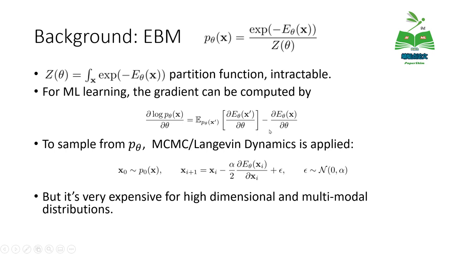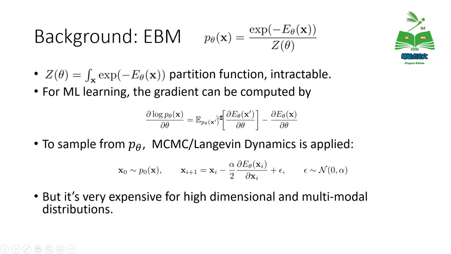I think this formula is somehow straightforward, because when we take the log, we have these two terms, and then this one is the integration, so we get the expectation here. The gradient is plugged into each term.